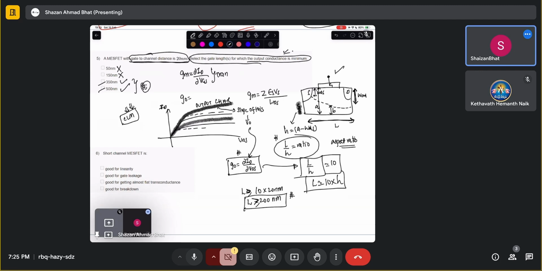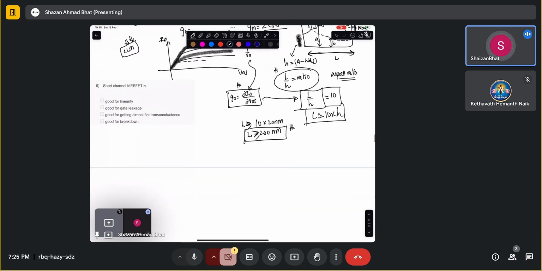Okay. And now we have the short channel MESFETs. Which of the following is correct for the short channel MESFETs? We have to give the correct answer. They are good for linearity. We have not discussed linearity. And they are good for almost flat transconductance. What does this mean? Well, you want this to be constant.